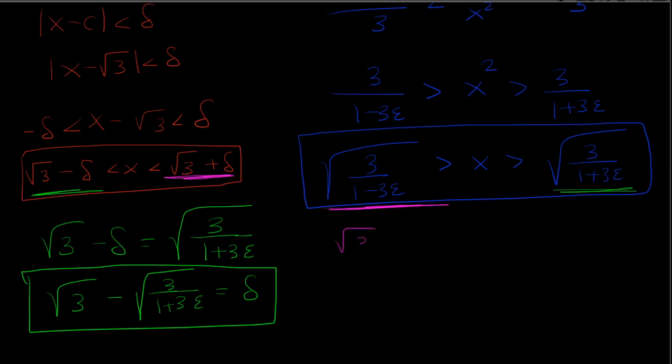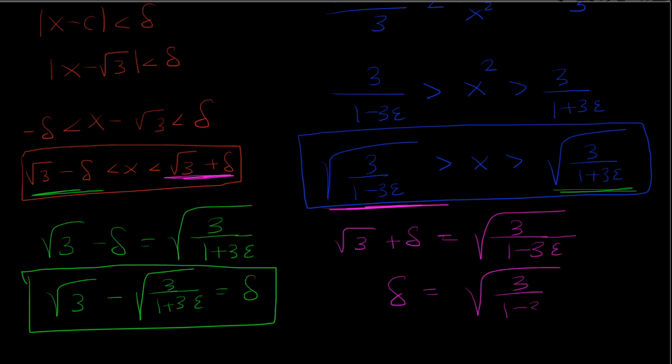So we'll have root 3 plus delta is equal to root 3 over 1 minus 3 epsilon. And so delta is going to be root 3 over 1 minus 3 epsilon minus root 3.